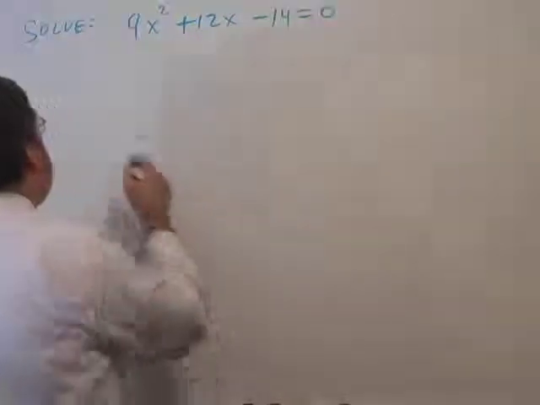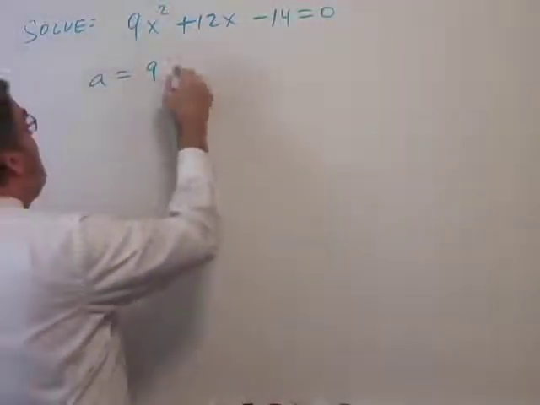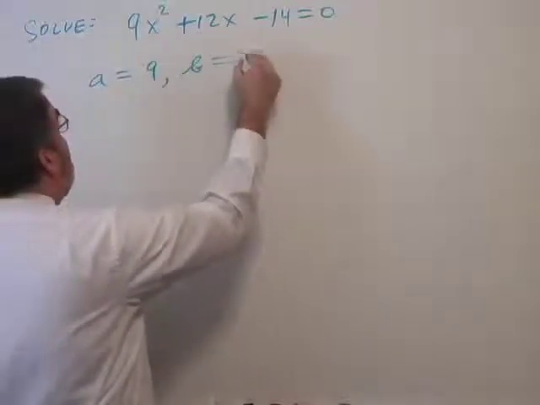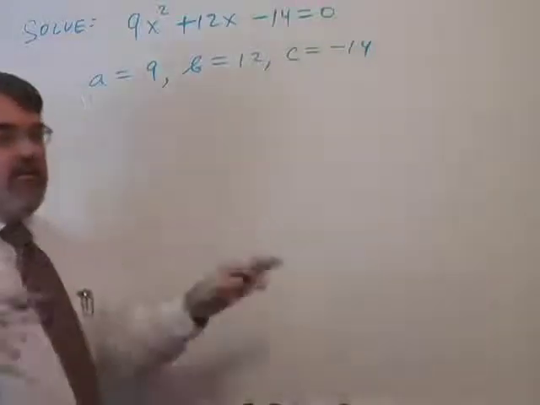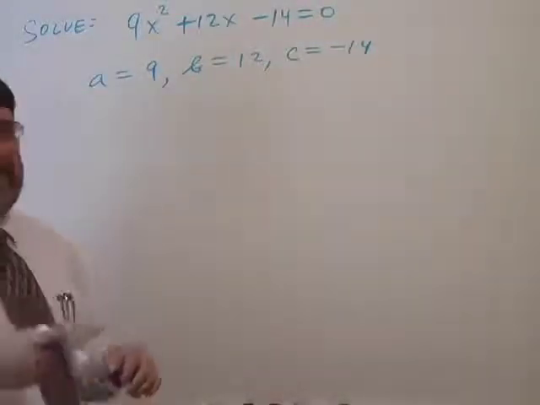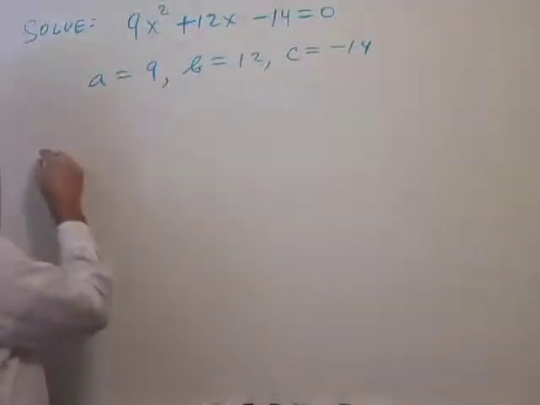So our first step is write down the coefficients. A is equal to 9, B is equal to 12, and C is equal to negative 14. So be careful about carrying the negative signs when they're there. Now we'll plug it into the quadratic formula.